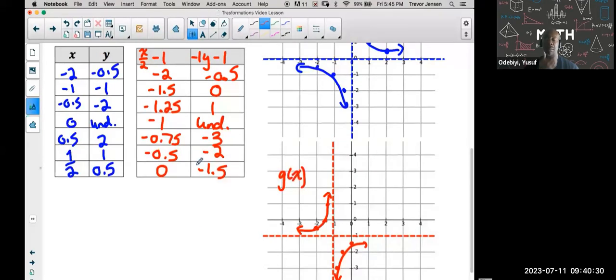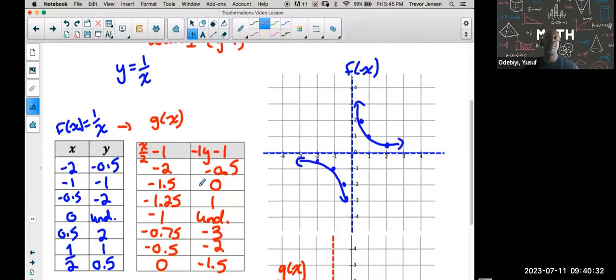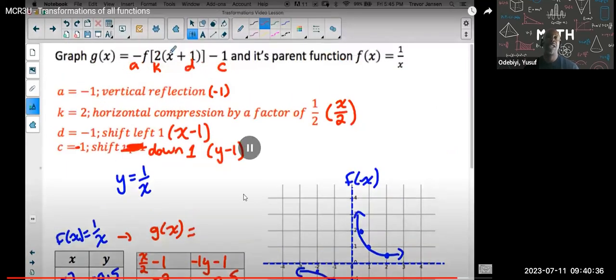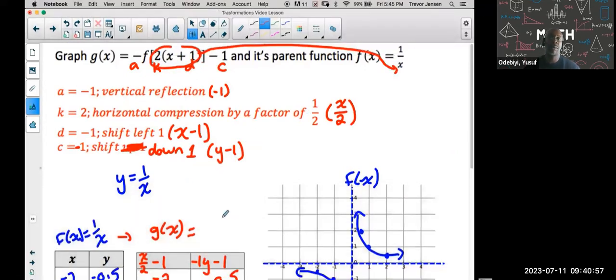And just to make a note for you, let's write the equation first. To write the equation of the transformed function, the original equation is 1 over x, and you're going to take this and put it underneath here. So watch. We take what's in brackets, and we replace the x in the equation with that.